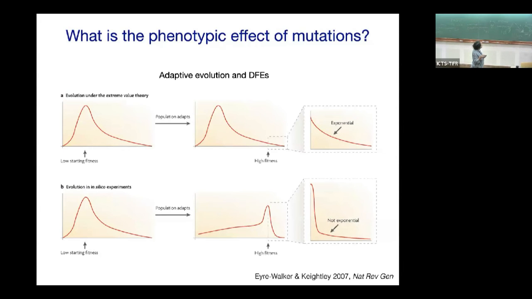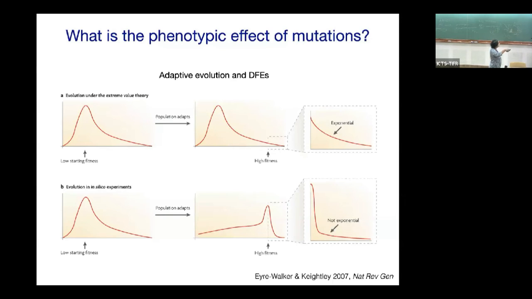In adaptive evolution, we typically think that this tail end of the DFE, the beneficial mutations, is involved, and that's going to drive adaptation over time, right? This makes sense. So here is what's called extreme value theory. I think you'll hear more about this later on. It is used to make predictions about how populations will evolve under selection, where you make assumptions about the form of this tail end, the beneficial mutations.